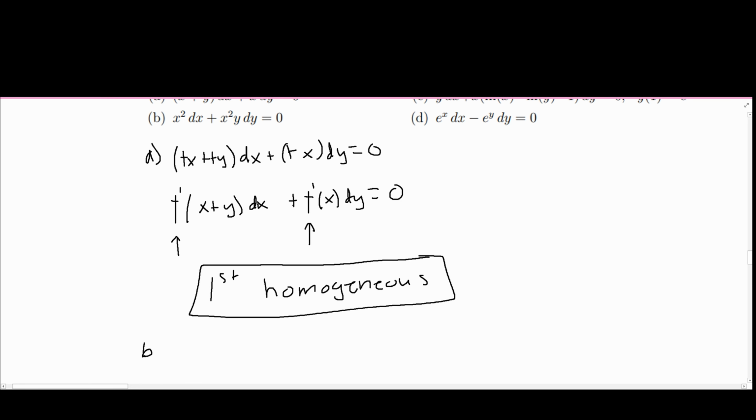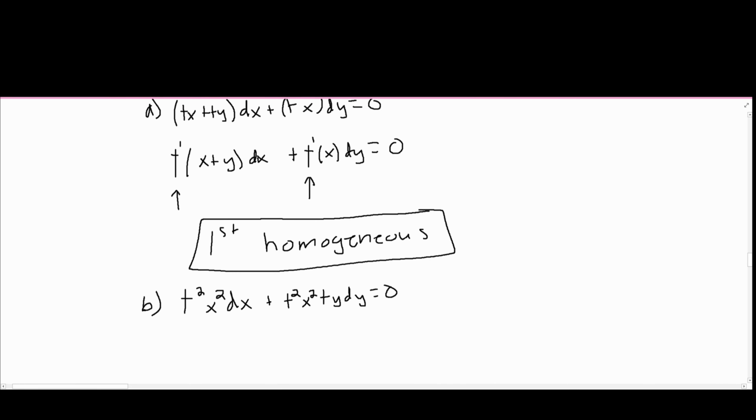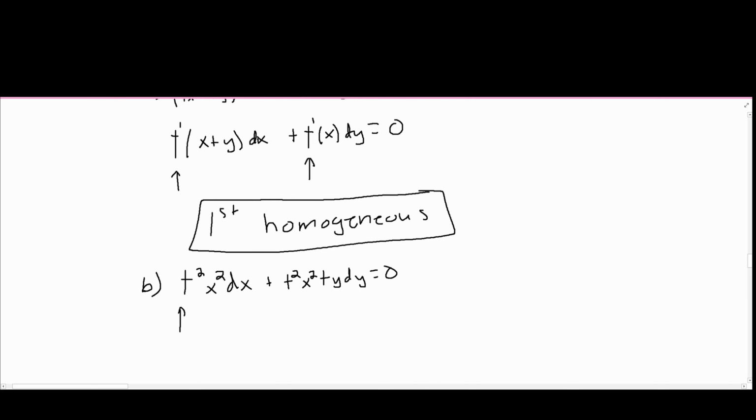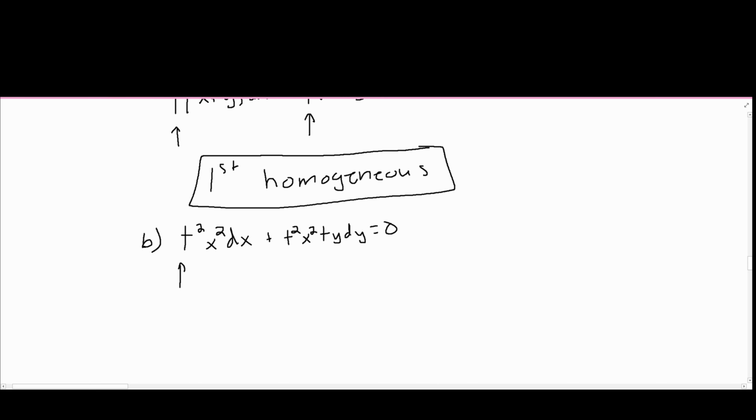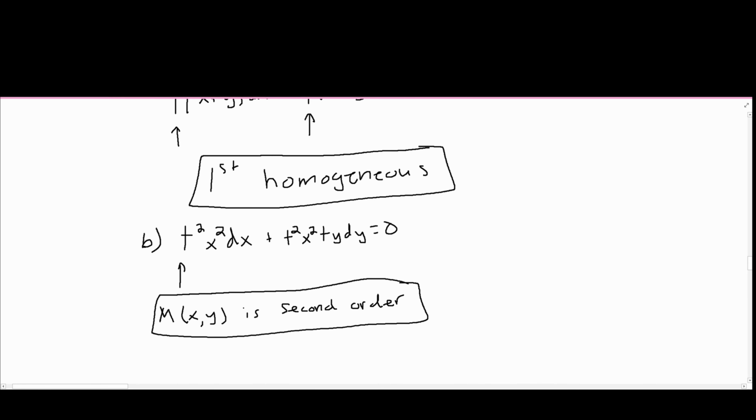So for B, we have t squared x squared dx plus t squared x squared t y dy, and that's equal to 0. Now let's look at the t's. So this is of the second order, right? So m of x is of the second order. Now we look at this one. We have a t squared here and we have a t here. Combining these, we get t cubed.